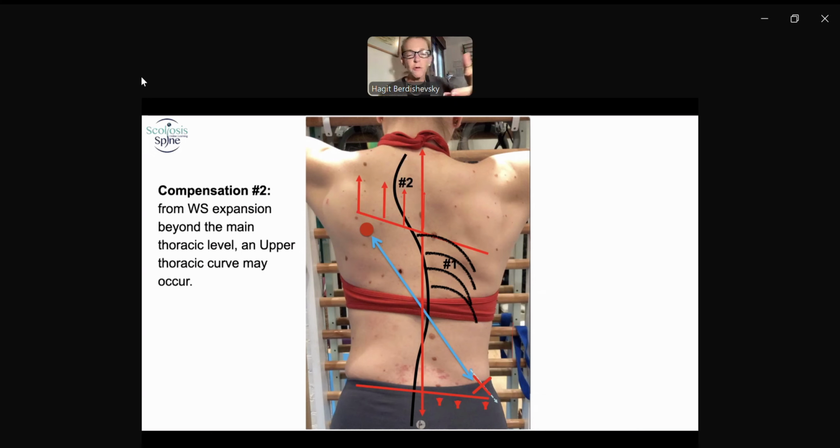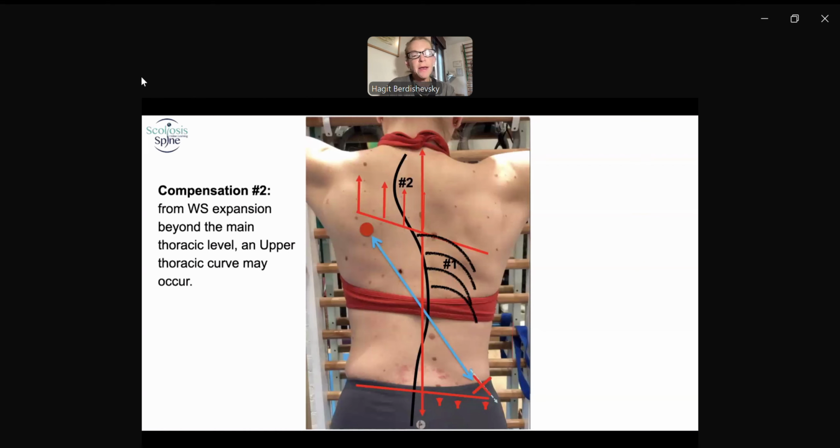If any of you here will take your left arm and open right now, open your ribs in the frontal plane under your left arm as much as you really can, you should notice that your ribs on the right side are collapsed and that your head and neck are also side bending towards your right side, and you're getting some upper thoracic compensation. Compensation number two here.